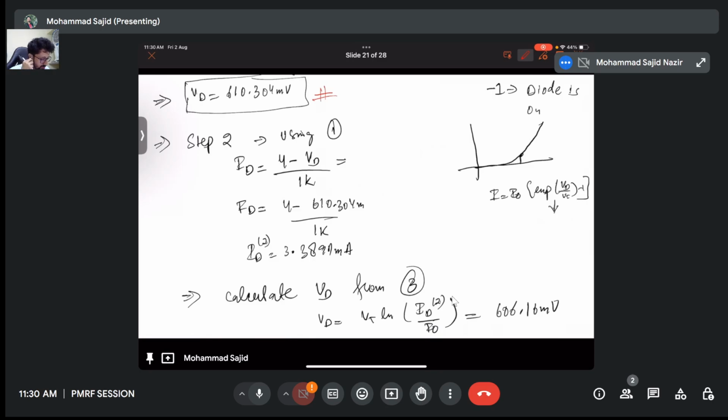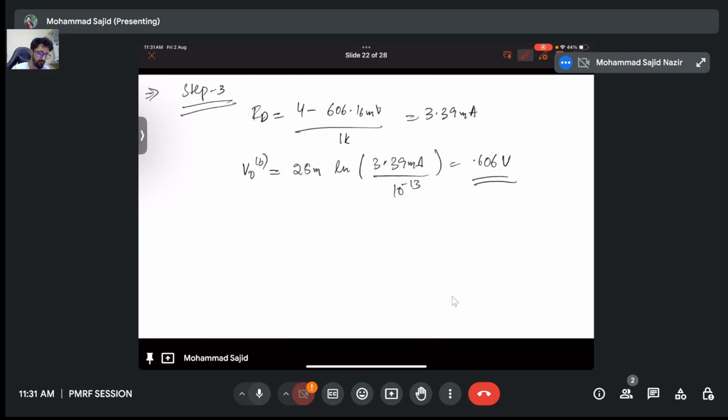Now step 2. Again, we will use ID equal to 4 minus VD by 1k, and now VD is 610.304 millivolts. So ID is 3.3897 milliampere, from step 2. Now again you calculate VD from this step, and you will get 606.16 millivolt.